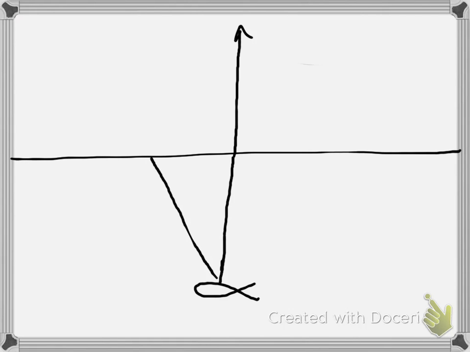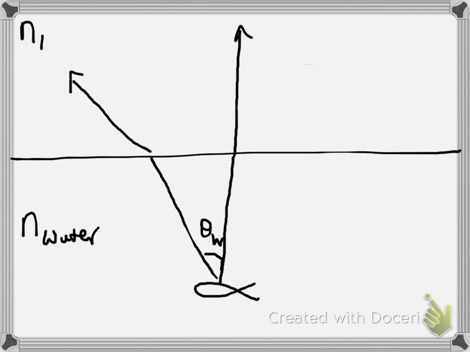Okay, what will happen? So now, remember, this is water, and when we moved from air to water, the beam got bent toward the normal, or the angle got smaller, then in this case, if this is my angle, which we'll call W for water, then my angle must get bigger. So my beam of light might do something like this as it comes out.